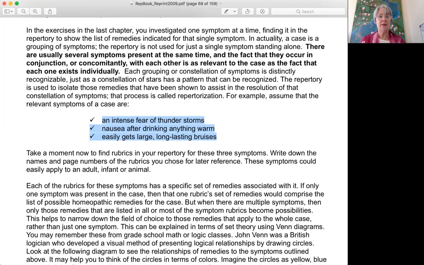Where are we going to find something that covers the whole person? Skin, yep. Because bruising we always see on skin.